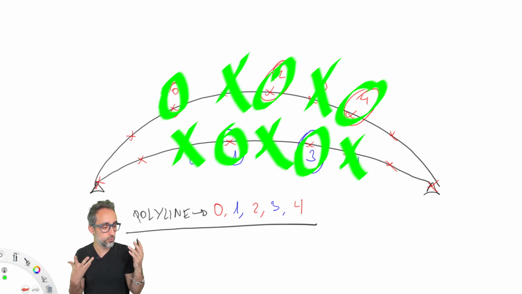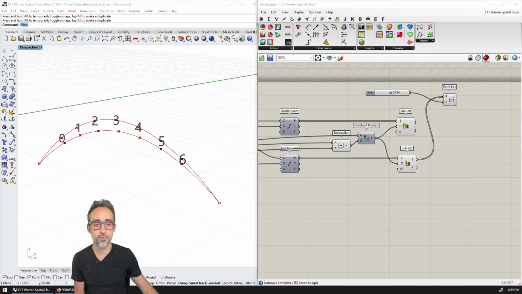So I need to take the 2 lists that I just generated and use a process called culling to apply a pattern of yes and no to which points I want to keep and which points I want to remove from that list. With the techniques that we have seen so far, there aren't any operations that do this on the list. So let me show you a component that we can use to do that.